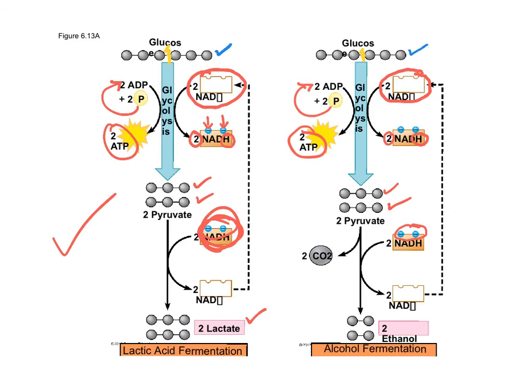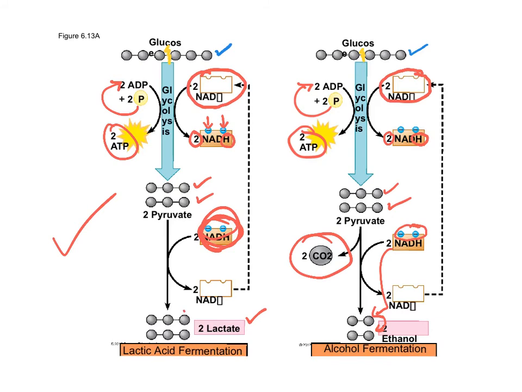In alcohol fermentation, what happens is in order to recycle the NAD+, the electrons get released and they create bonds here, but also two molecules of carbon dioxide are released. So essentially, look over here on the left where you have a 3-carbon.